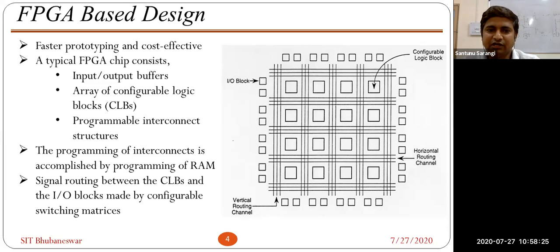It is faster because you do not go through the manual place and route process like in standard cell or full custom design. Everything is there, you only have to program it and you get a chip. If the first prototype version is okay, then you go for fabrication.